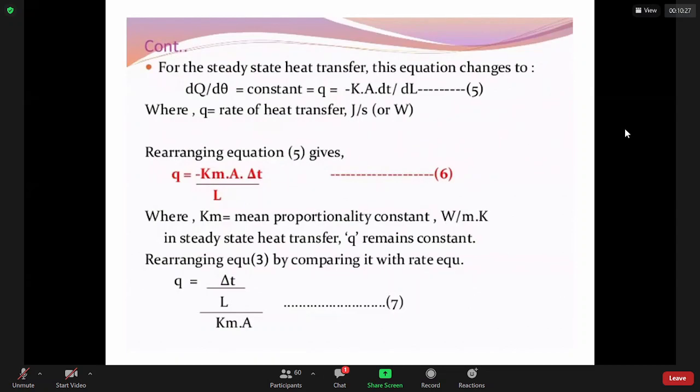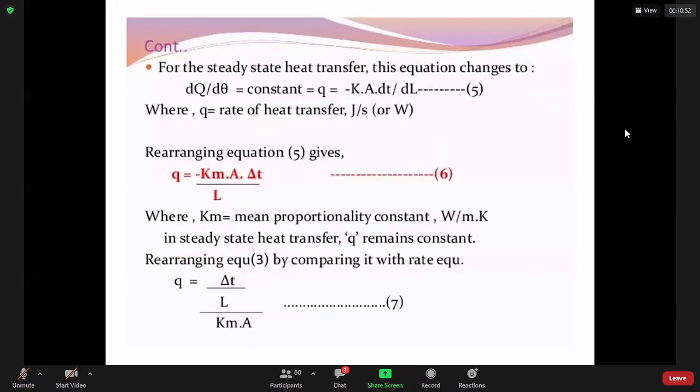So in this case, we have it as Q, that's the rate of heat transfer. Then we can always have it as K A dT over dL. Q, in this case, is the rate of heat transfer, which is in joules per second. And joules per second is usually given as watts.